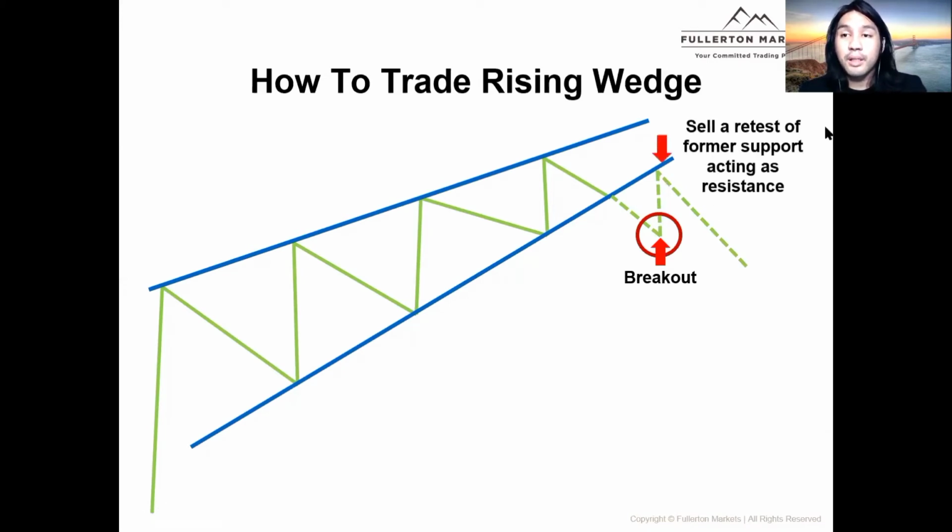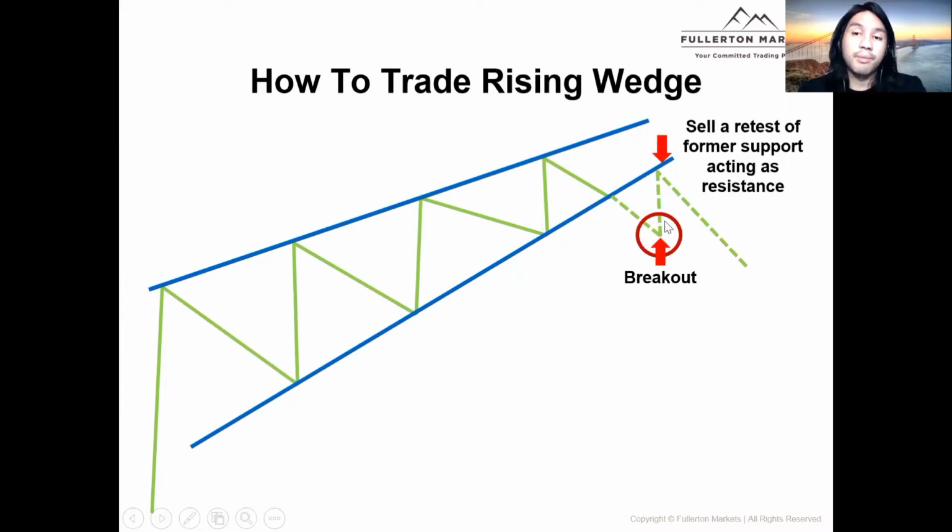Sorry, rather we sell on the retest of what was previously known as the support, right? But since prices broke below and the price is now below this line, this is now known as the resistance. If prices broke up here, this is no longer the resistance, but is known as the support.